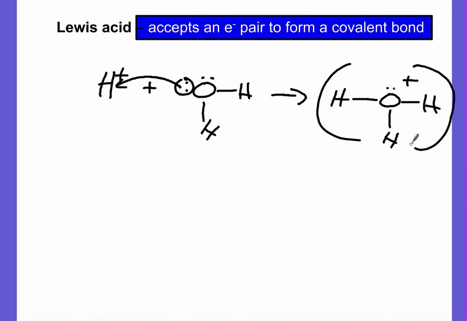But this is the one that gets really weird. Because it doesn't have to be a hydrogen ion that's accepting those pair of electrons. It could be almost anything. Right? So another example, put a few more examples up here to make this make sense at the end of the day.